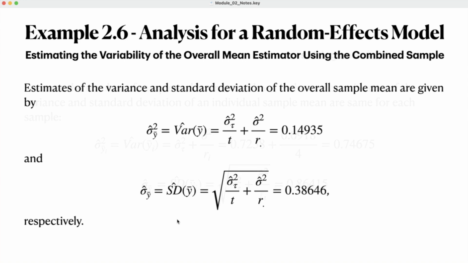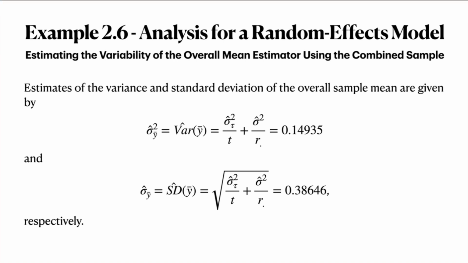Now let's do the same kind of thing, calculate the estimated variability associated with the overall mean estimator, but using the combined sample, right? Remember, when we're using the combined sample, we're talking about the overall combined sample mean, y bar.